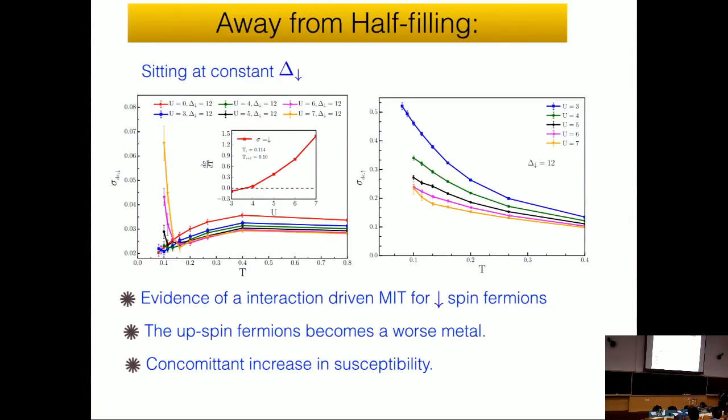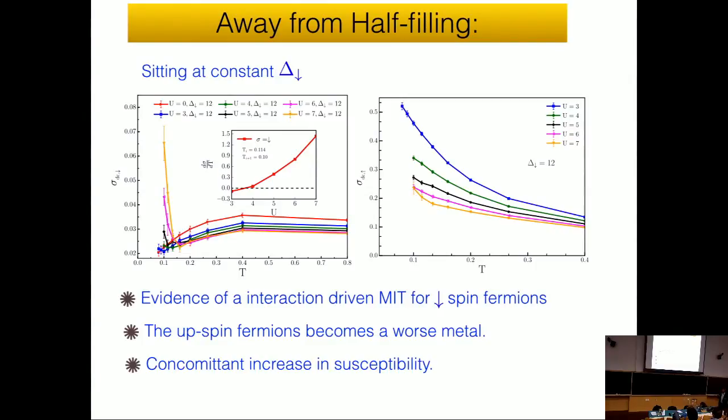Now let's contrast that with U equal to 7, which is a very large value of interaction. What you can see is that as you tune on U, there is a tendency for the system to delocalize. The conductivity actually has a sharp upturn.